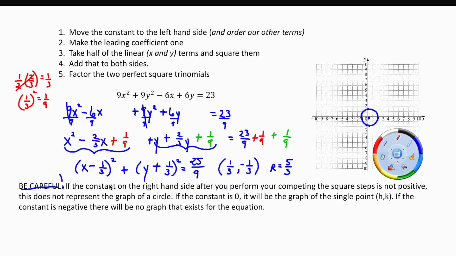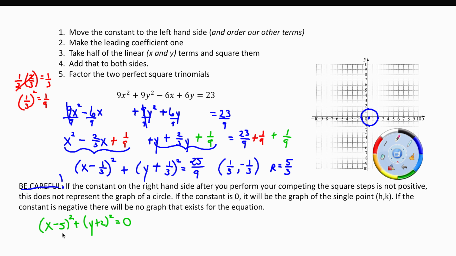In other words, after you complete the square and you wind up with, let's say, x minus 5 squared plus y plus 2 squared equals 0, this means it's got a radius of 0, right? A circle with a radius of 0 isn't a circle.